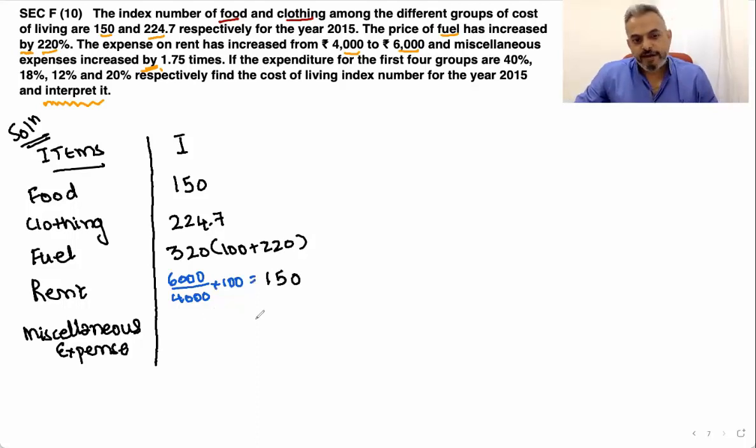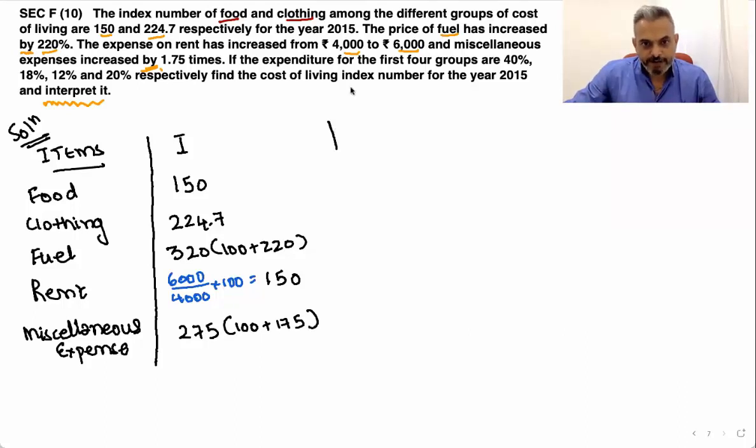And then miscellaneous expense increased by 1.75 times. So it will be 275. How? 100 plus 175. So this is our index.